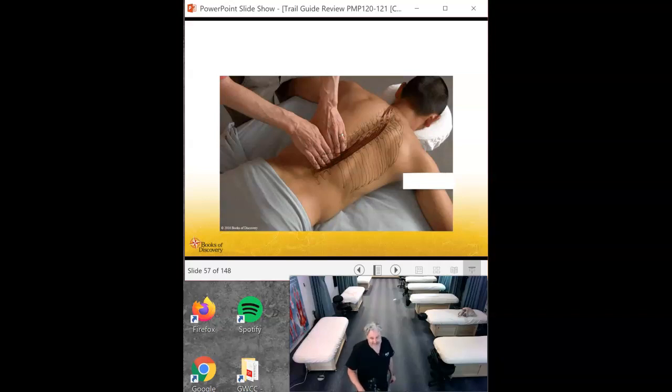The spinalis. Yes, the spinalis, ma'am. Very good. What actions does the spinalis perform bilaterally? Extend it back. Yes, extend the vertebral column.